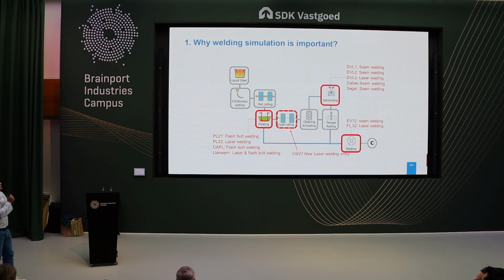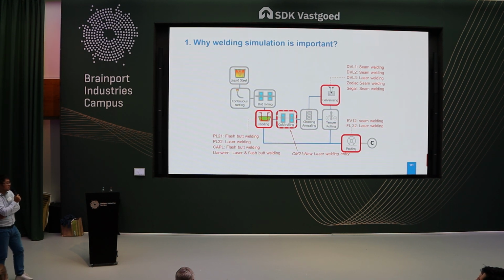The first question is why welding simulation is important, particularly for us as a steel making industry. After liquid steel is cast and hot rolled, welding is extensively used in our production lines, namely the pickling line, cold mill, galvanizing line, and also packaging lines. There are different types of welding processes involved, like flash butt welding, laser welding, arc welding, and seam welding.